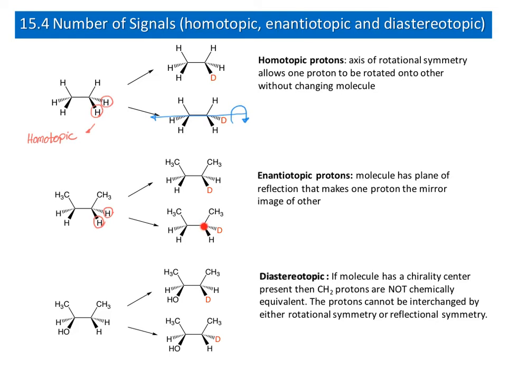So we are generating a chiral center. Now if we examine the relationship between these two molecules, they are actually enantiomers. So we are generating a chiral center with opposite configuration. Therefore, these two molecules are enantiomers to one another, which cause these two protons to be enantiotopic protons.